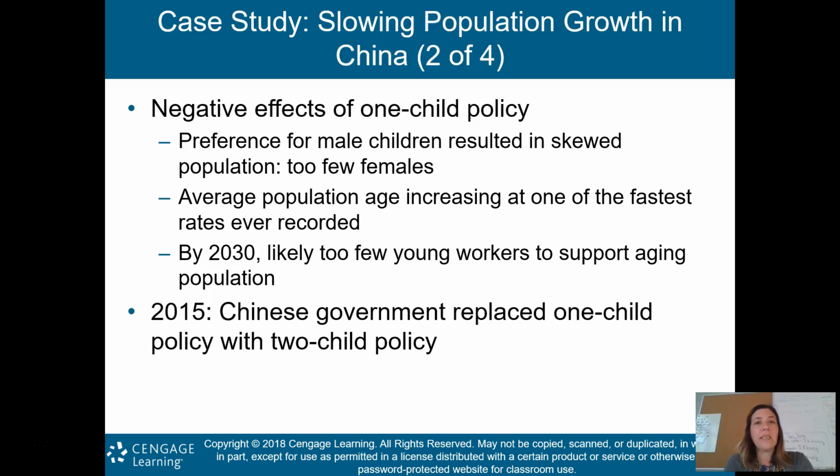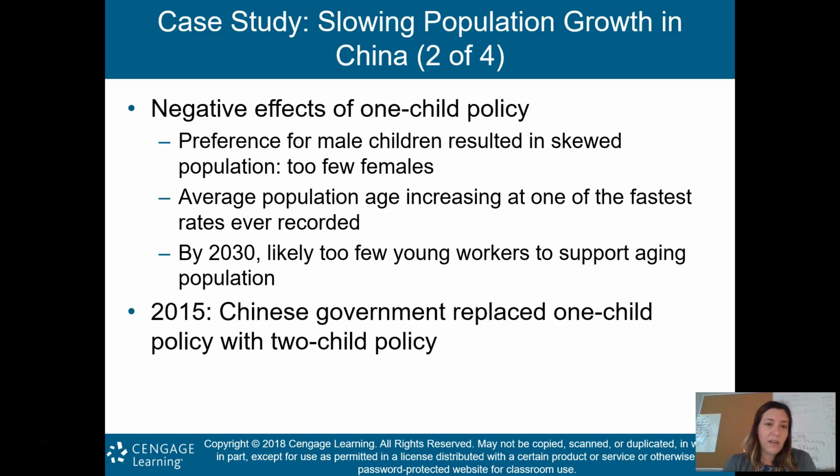I think you've probably seen images of Beijing and the air pollution there and people walking around with masks on. There are days where they can't even go outside because the air is so bad. If you haven't seen that, we'll look at that when we talk specifically about air pollution.